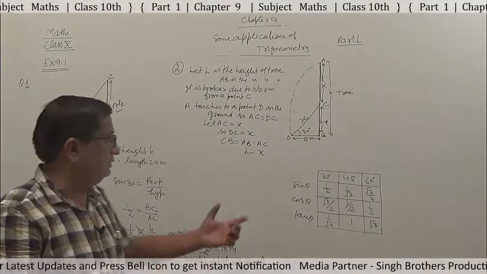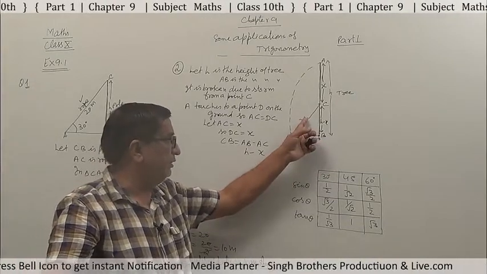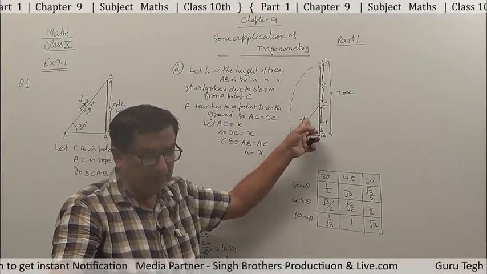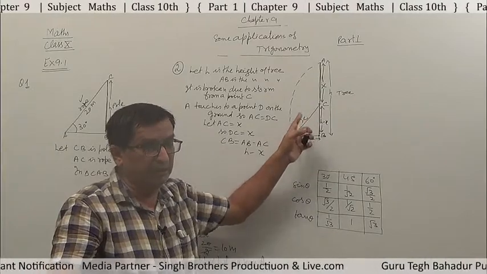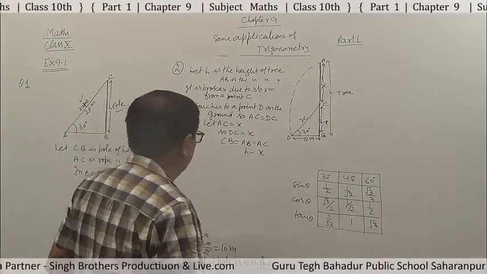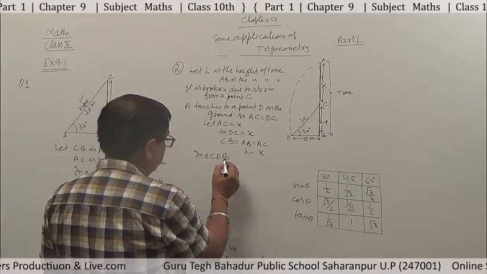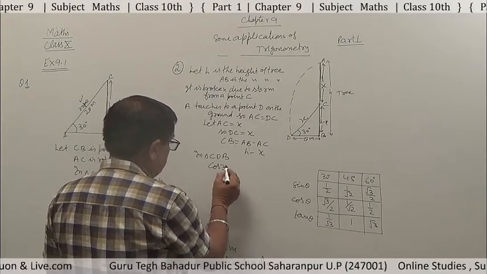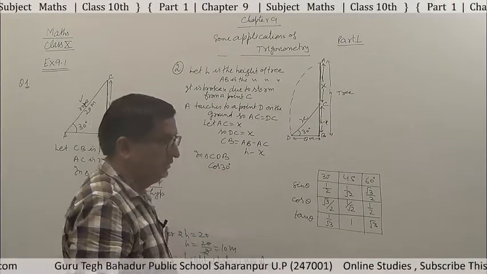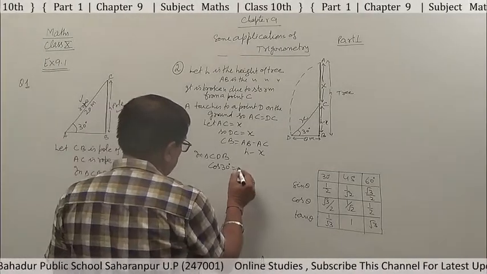Here you see base is given to you, hypotenuse is to be calculated. Base and hypotenuse are used in triangle CDB, cos 30, because base is given, hypotenuse is to be calculated.